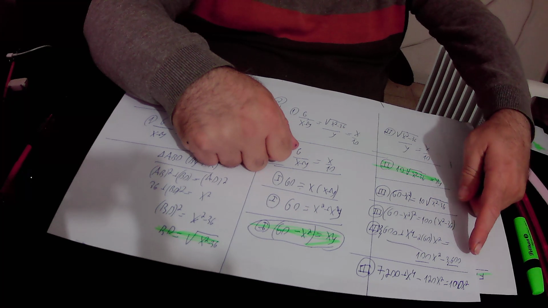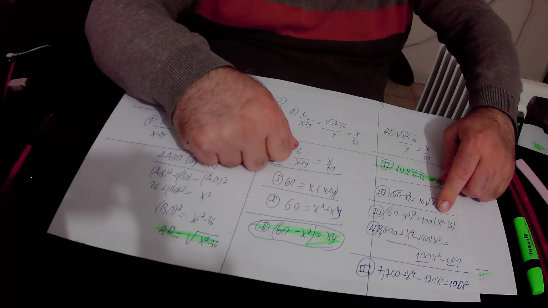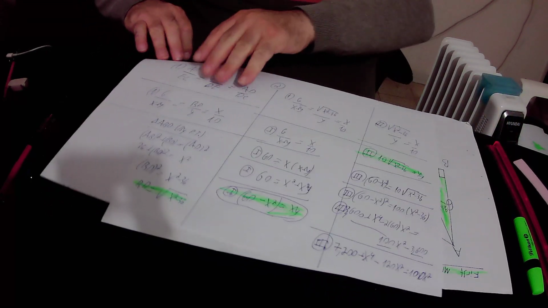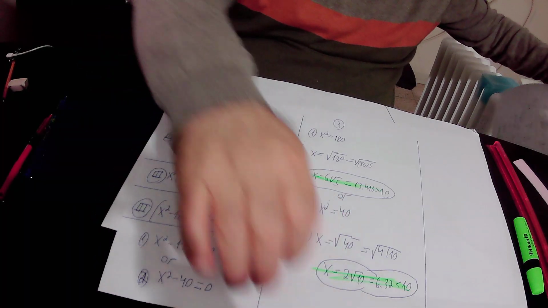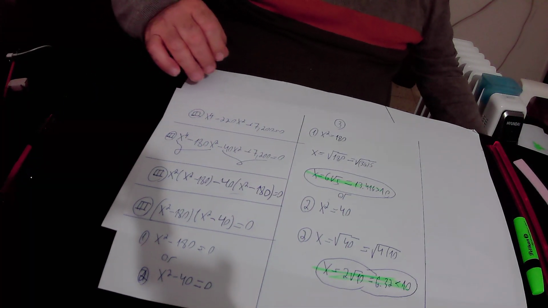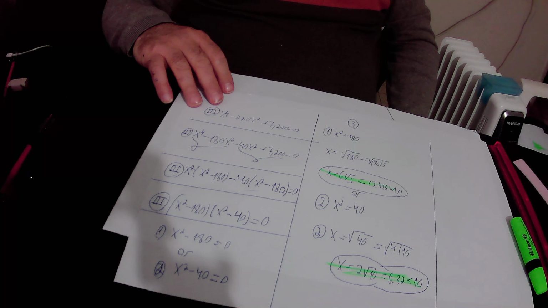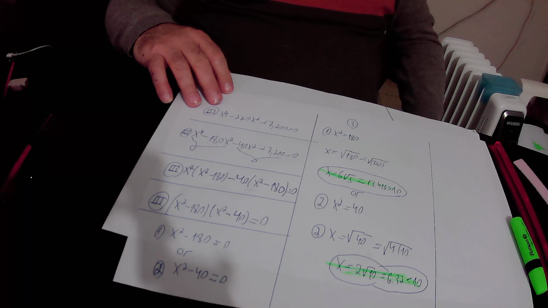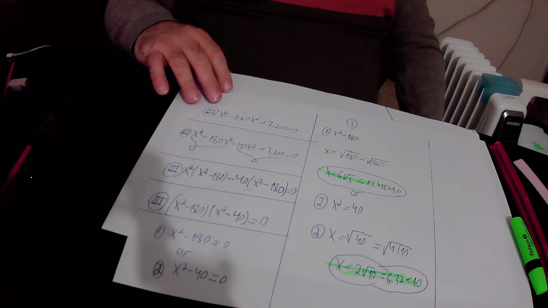Here on this side of the equation we have 100x squared minus 3,600. In conclusion, we got that according to equation number 3, x to the power of 4 minus 220x squared, actually we subtracted 100x squared from equation number 3, and we got that minus 120x squared minus 100x squared is minus 220x squared.